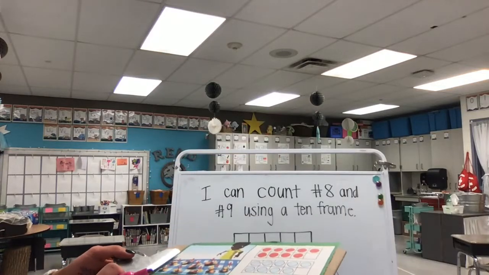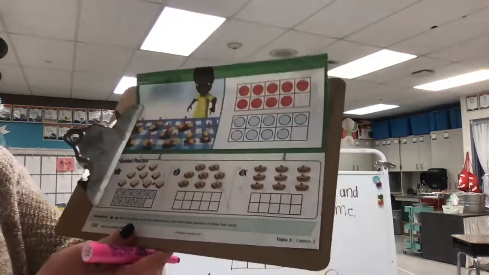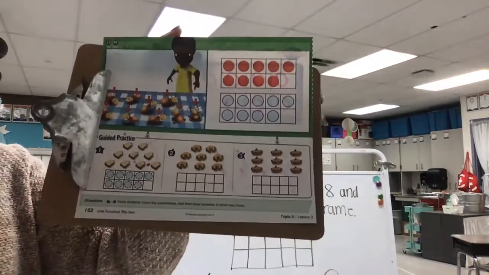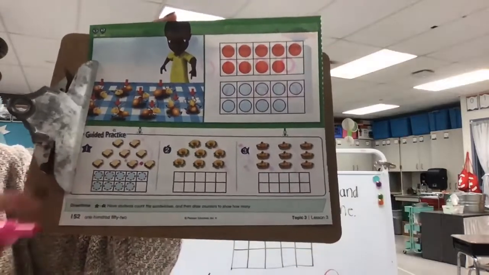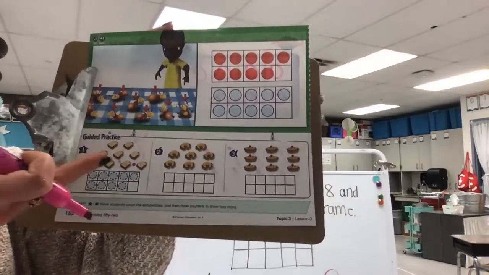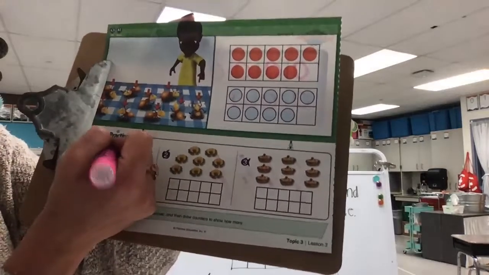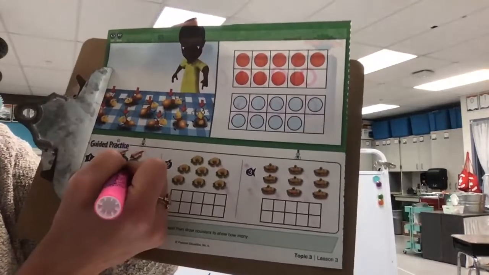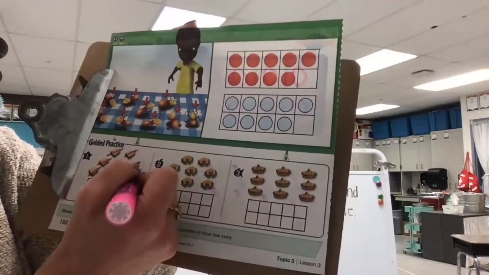Let's go ahead and flip to the back on our guided practice. And we're going to start with number 1. It shows us the counters already. So it shows us what they want us to do. We're going to count how many sandwiches there are and then use our 10 frame to show that many. So let's count and mark out. 1, 2, 3, 4, 5, 6, 7, 8, 9.